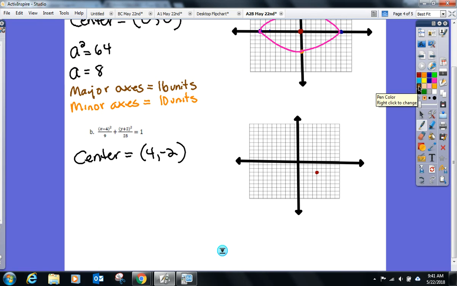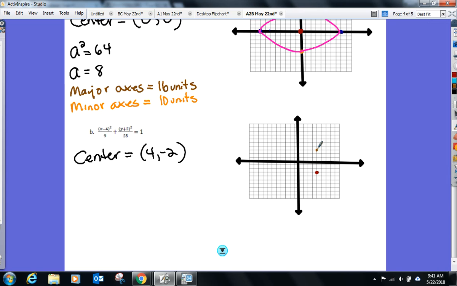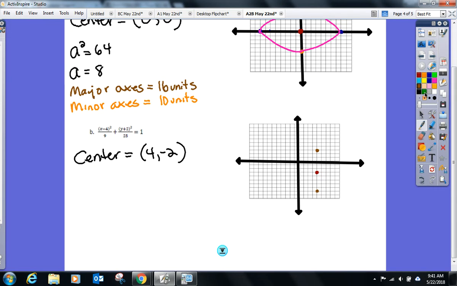It's going to be on the Y. Good. How many units should I go above and below? 5. 1, 2, 3, 4, 5. 1, 2, 3, 4, 5. How long is the major axis? Major axis is 10 units. Yep.